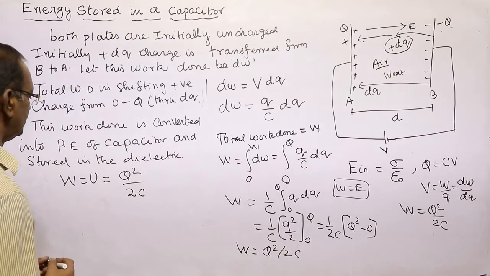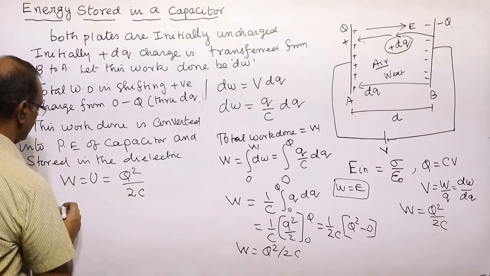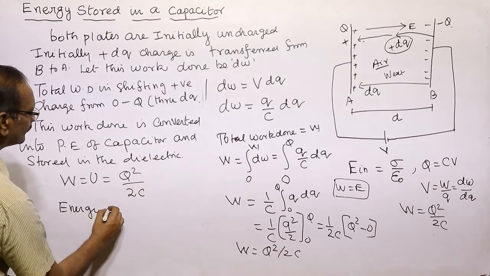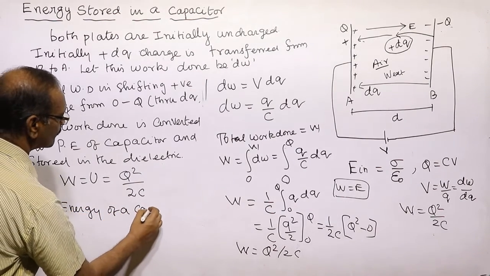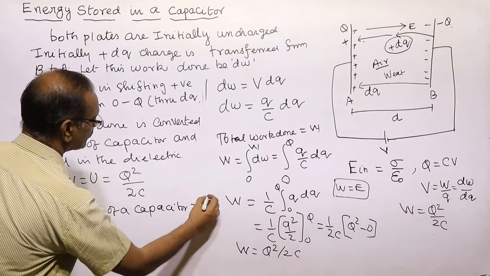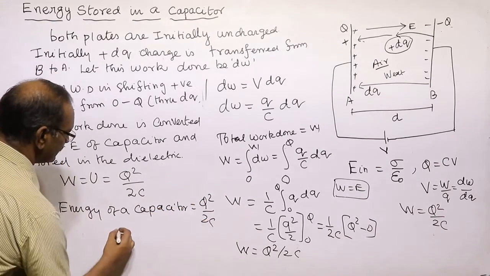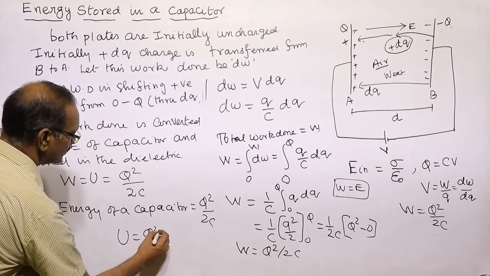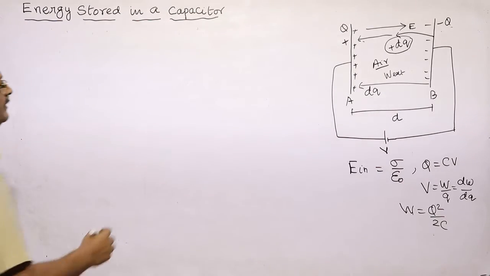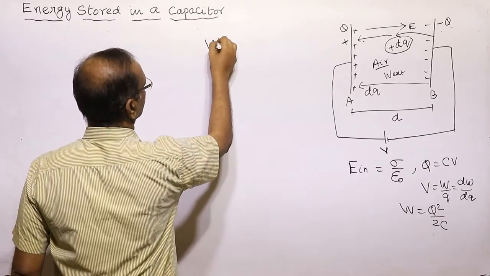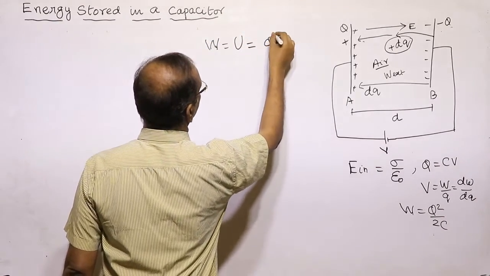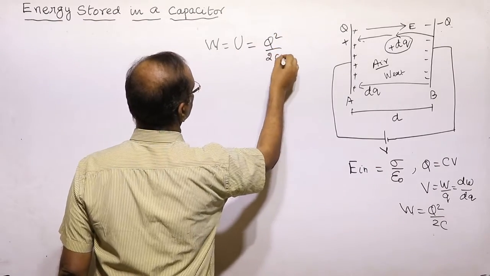This is the expression for potential energy of a capacitor, that is U is equal to Q square by 2C. So we have derived work done is stored as potential energy, which is equal to Q square by 2C.